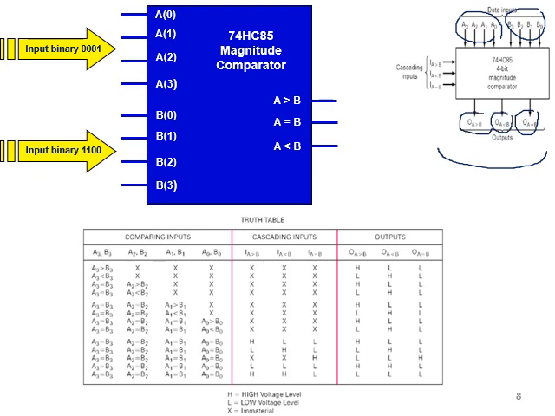And here are the cascading inputs to check the situation of A and B with respect to each other. Comparing the inputs, you see here A3, B3, A2, B2, A1, B1, and A0, B0.